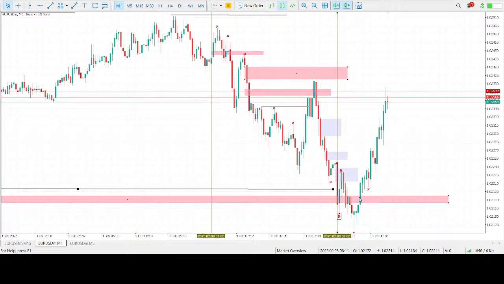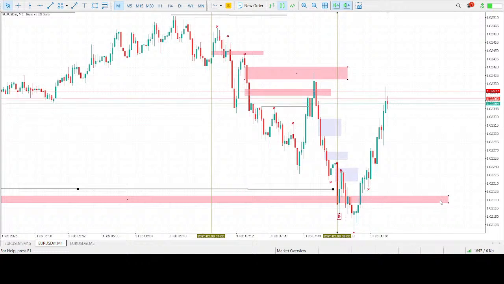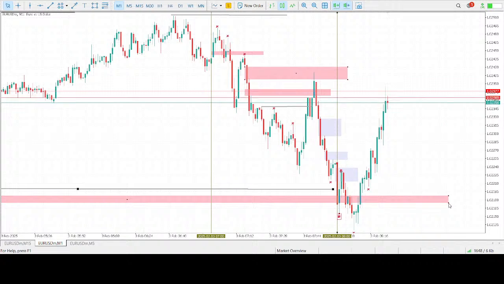So from this point, I would start. I think I would also change this fair value gap to something that has been used.